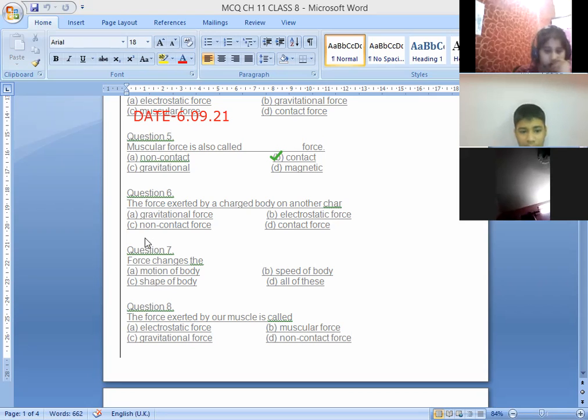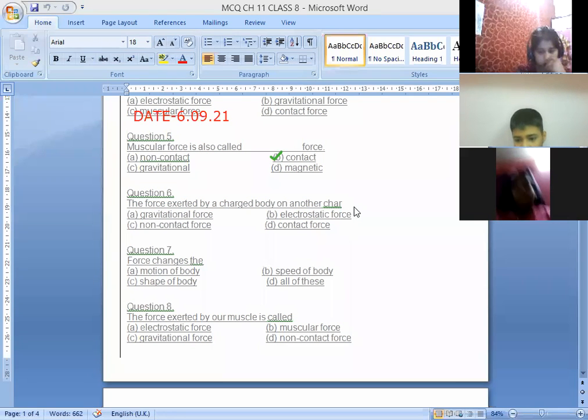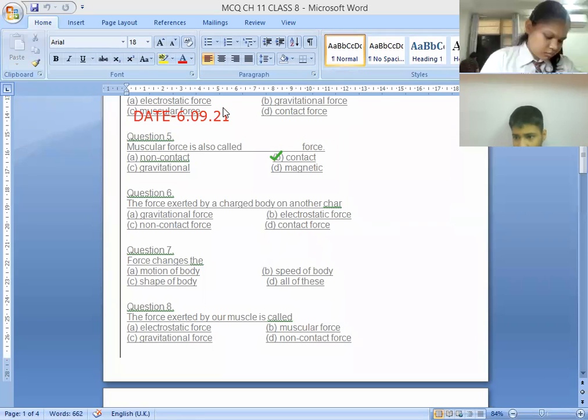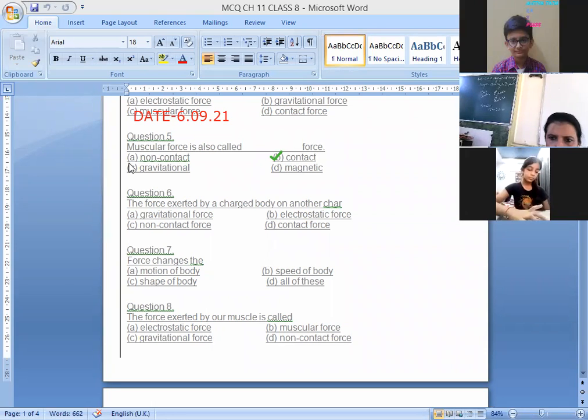Yes, Harshit Deshwal. Question number 6. Harshit, the force exerted by a charged body on the other charged body. Which force is it? Harshit, give any of the options. Any answer? Aditya Jain. Gravitational force.